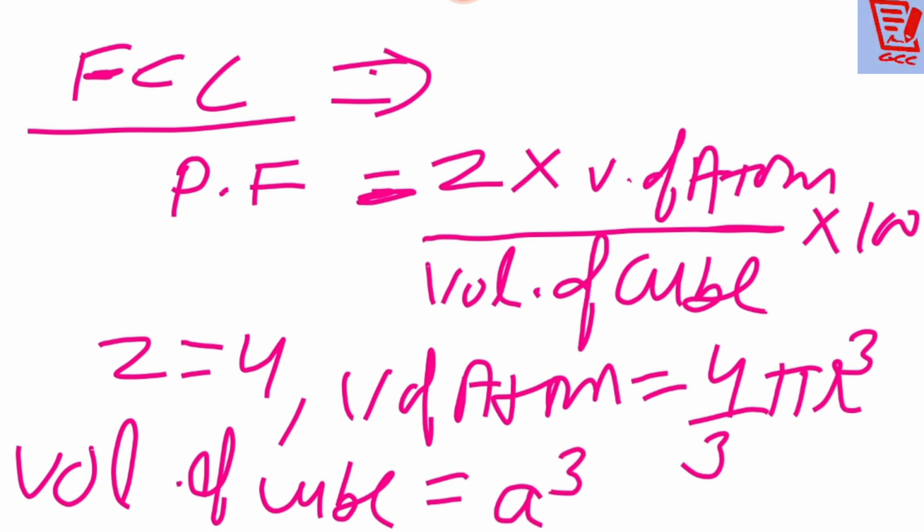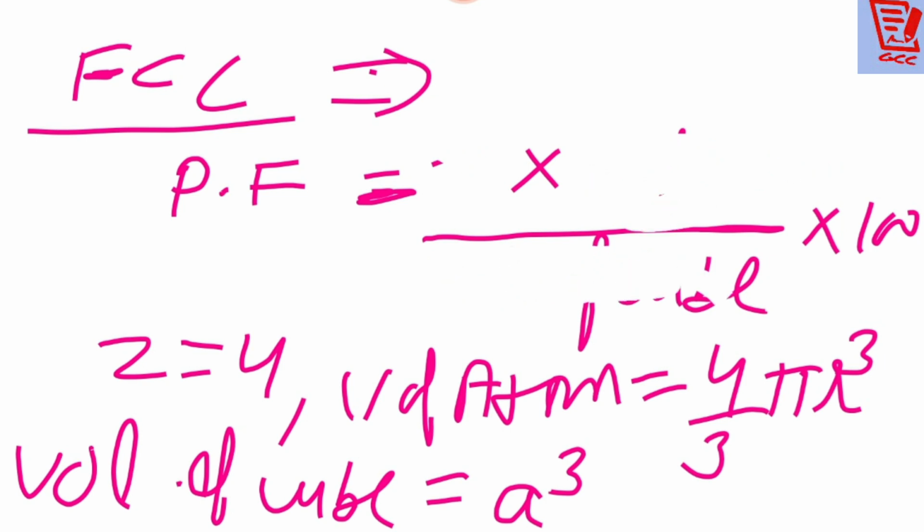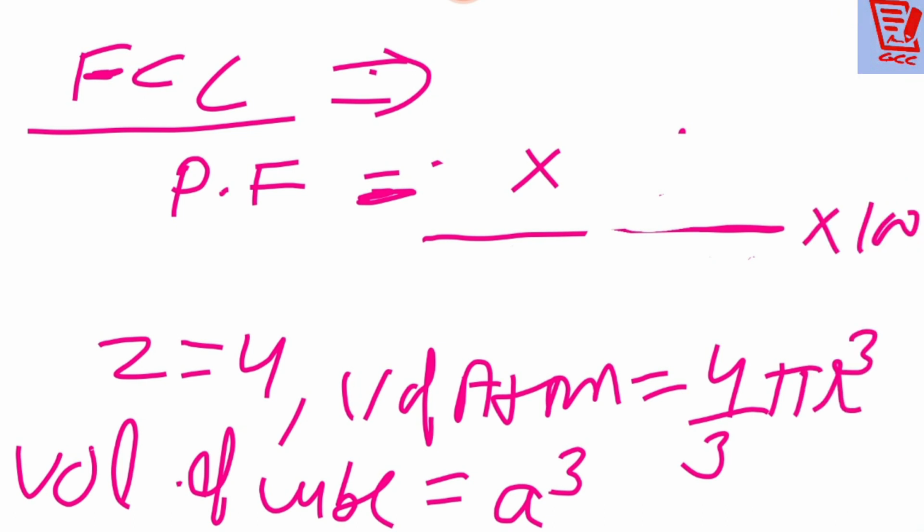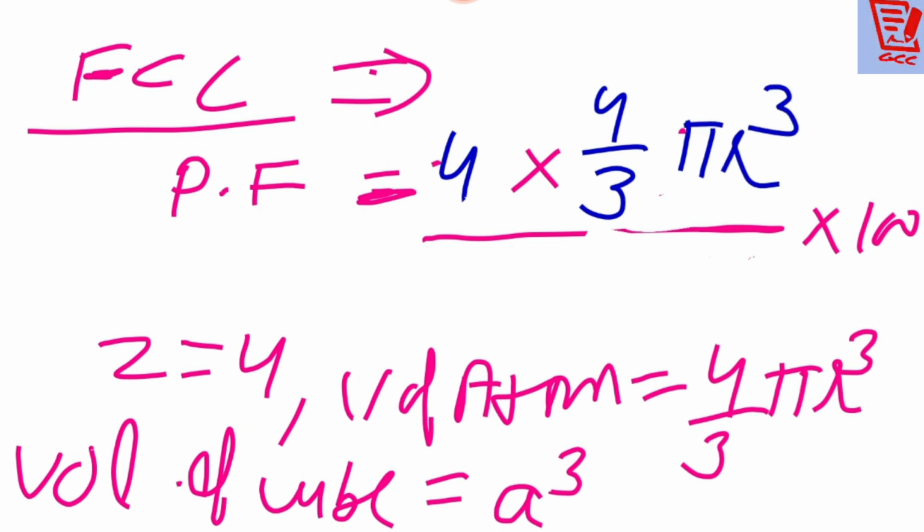Now we can fill the values over there one by one. See, all of you, very carefully what I am going to do there: 4 into 4 by 3 pi r cube upon a cube.